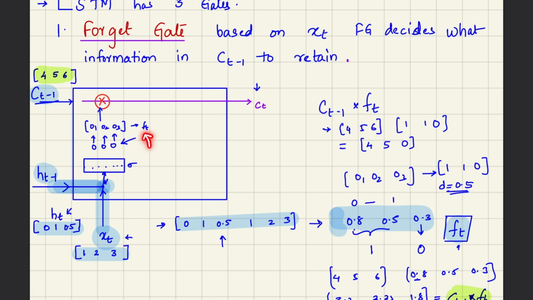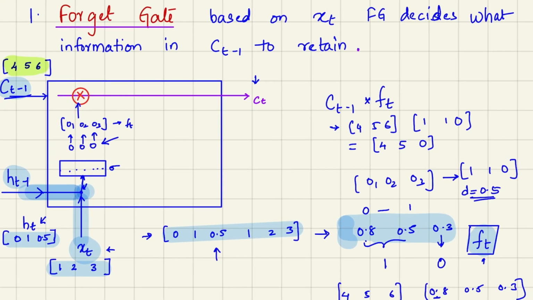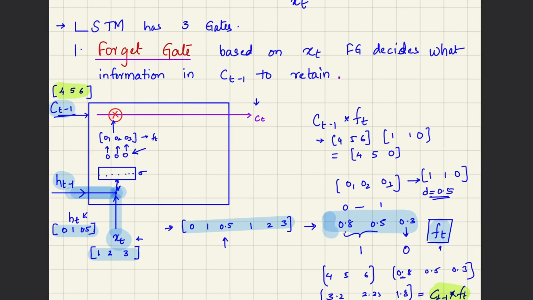This vector is called FT. It's called FT because this is the forget gate. And this FT is multiplied with CT minus 1, the long term memory. This is multiplied element wise, meaning O1 into 4, O2 into 5 and O3 into 6. That's how it's multiplied.